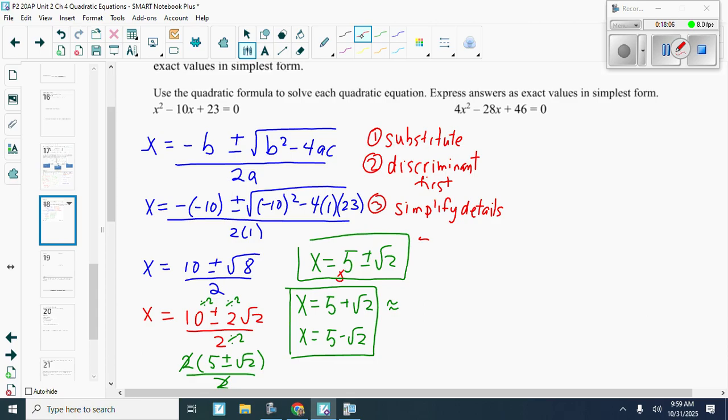Then you simplify your radical. And then finally you simplify the fraction. Maybe that was obvious to you guys, but just to break it down: you write out your formula, substitute, do the discriminant first, clean up the details, and then reduce and simplify your fraction.